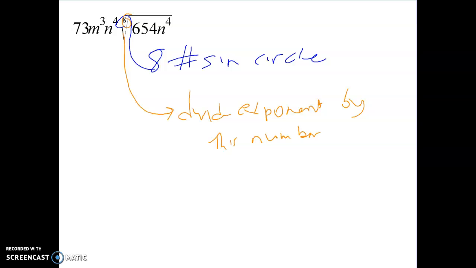It may be that you have the 12th root or something. Whatever that is out there, you divide the exponent by this number. So that tells you, that number is really important. It tells you how many numbers go in each of your circles. And also it helps you know what to divide the exponents by to figure out the answer to that. And then once I do that, I'm going to multiply by this that's right here. So whatever I get when I do the inside, I multiply it by what's on the outside.